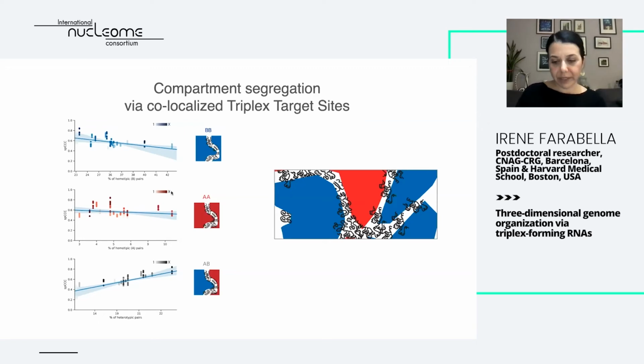This observation made us propose a model by which this long non-coding RNA coats the inactive chromatin patches and promotes the segregation in space of the varied compartments, or prevents the intermingling of active and inactive pieces of chromatin within the nuclear space.